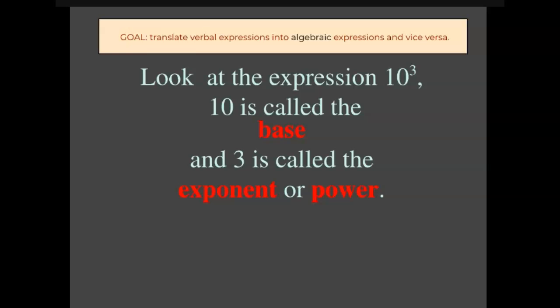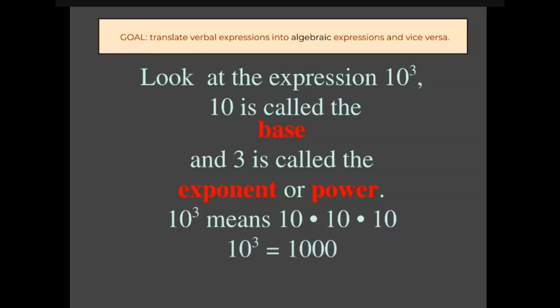So 3 is called exponent or power. So 10 to the power of 3 means 10 times 10 times 10. That's correct, Malia. All right.